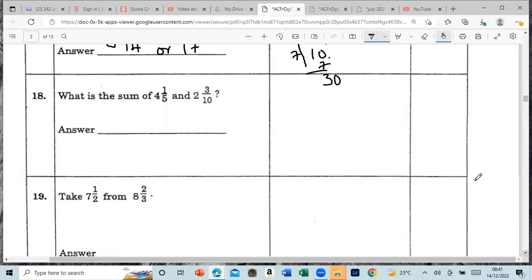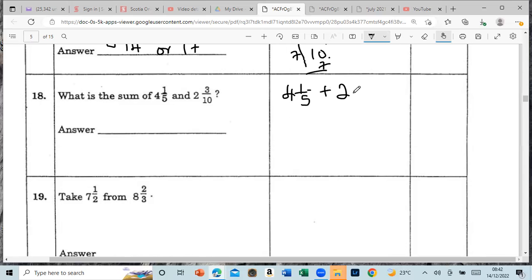I'm going to do this the long way. So let's go. So we have 4 and 1/5. We're going to convert that. Sum means to add.